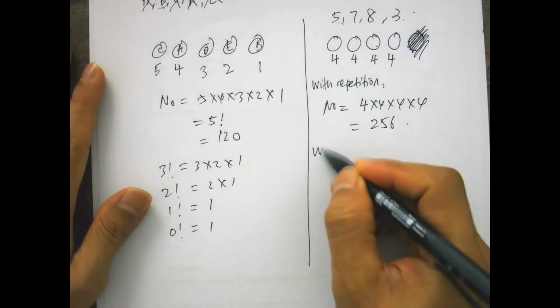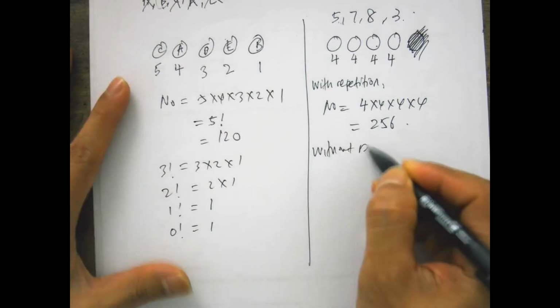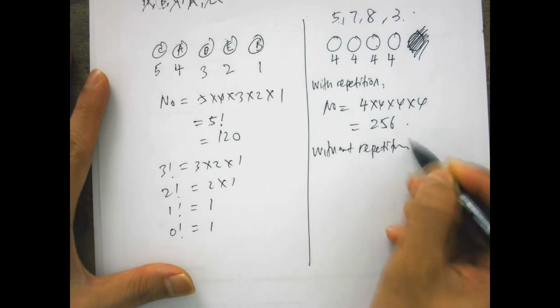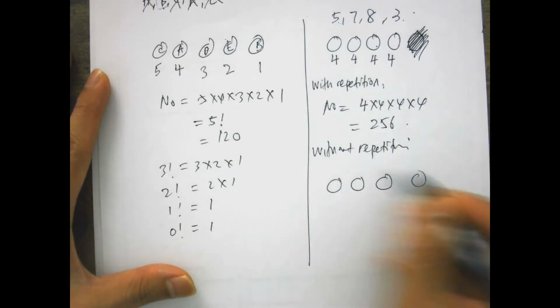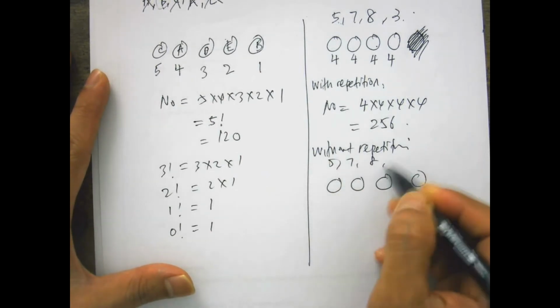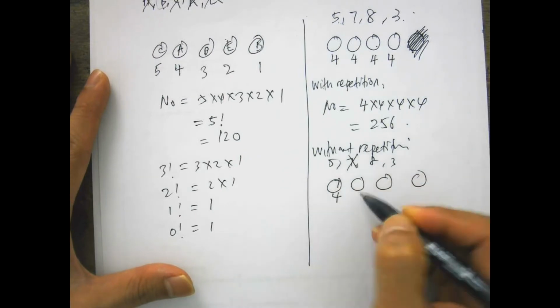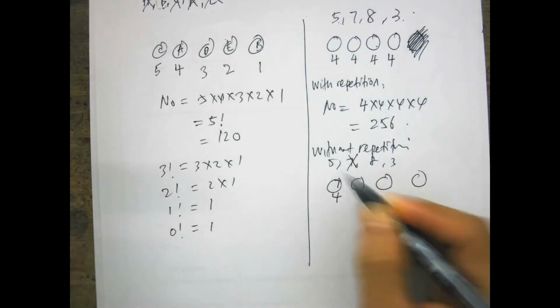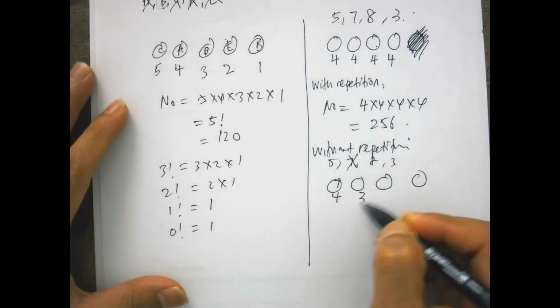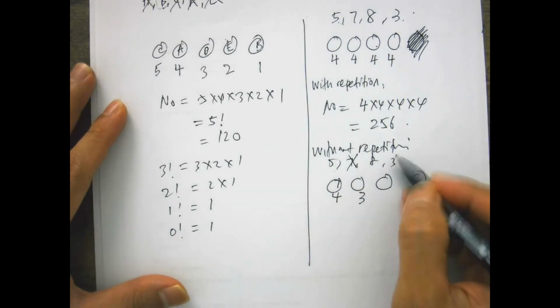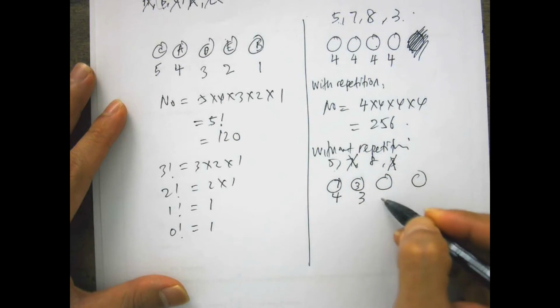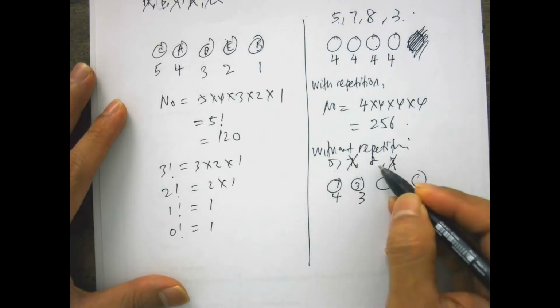But if it's without repetition, that means when I choose a number, let's go back to this again, 5, 7, 8, 3. I have 4 options here. If I choose number 7 and put it here, I cannot choose 7 here again. I have to reduce by 1, because I can only choose 5, 8, or 3. Let's say I put number 3 here. I cannot put 3 again over here, so I can only choose 5 or 8. So there are 2 ways.